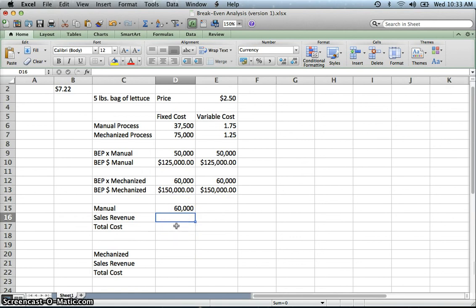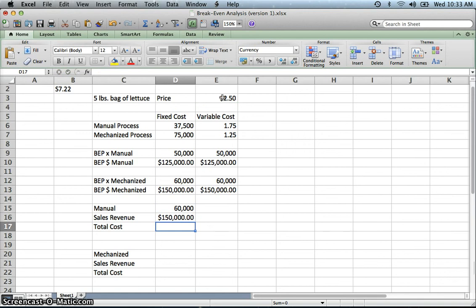It's simply a matter of calculating the sales revenue and then subtracting the total cost. So the sales revenue in this case is, if we're going to sell 60,000 and we're selling each of those bags of lettuce for $2.50, our sales revenue is $150,000.